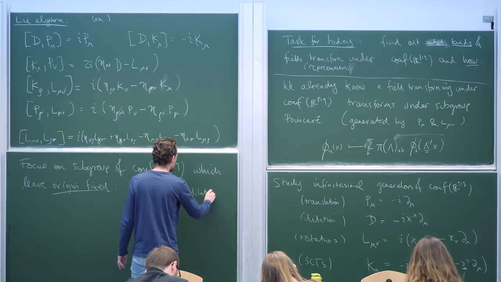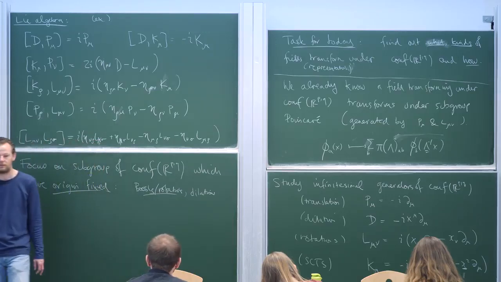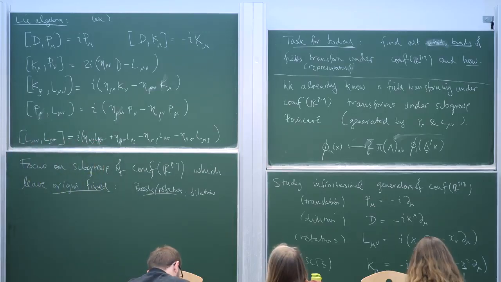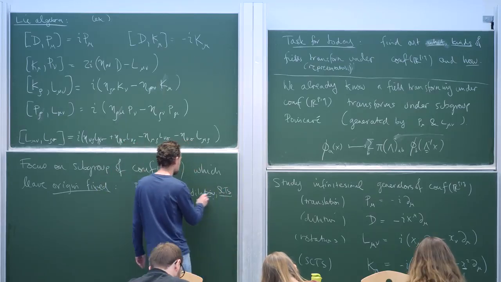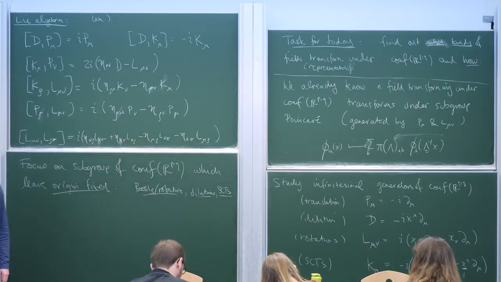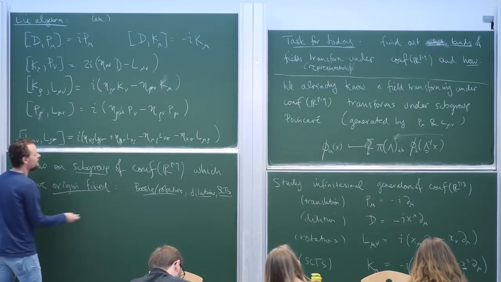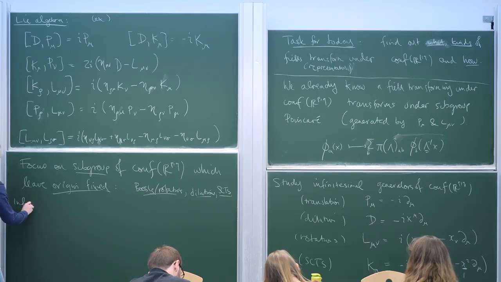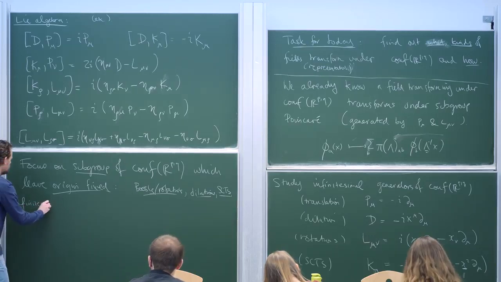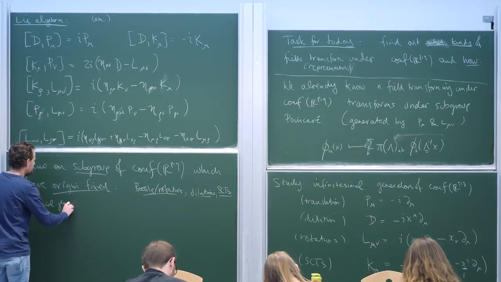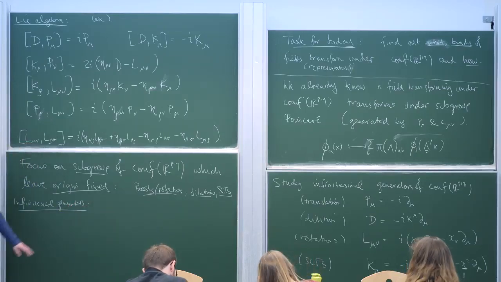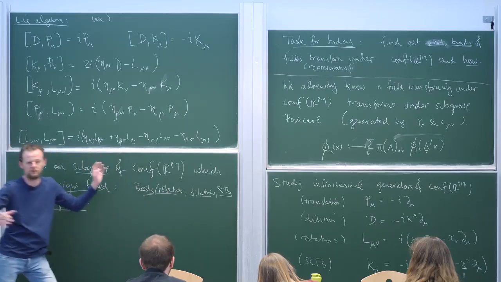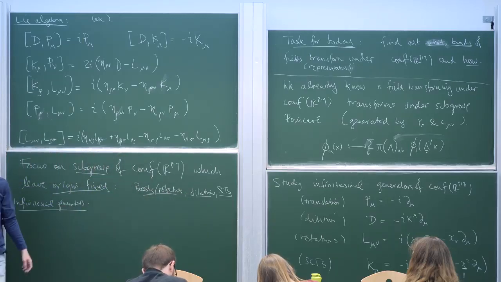Dilations also leave the origin fixed, and so do special conformal transformations. So these three things fix the origin. This is a subgroup. And we can look at the infinitesimal generators, and we'll see that they form a subalgebra, because any composition of these things forms a subgroup, so the generators will form a subalgebra.